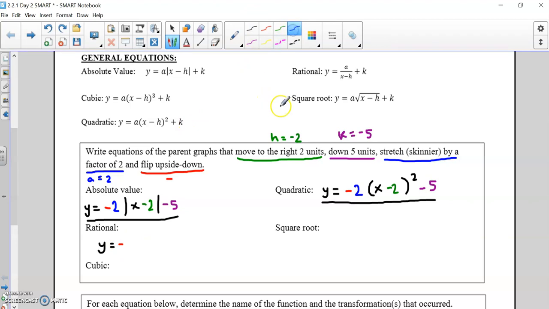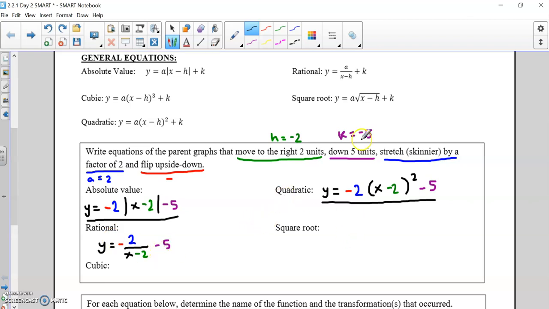Now, we have an A value, so A at the top there is going to be 2. At the bottom is our x minus h action, so we'll put x, and then our h is -2, so we'll put a -2. And then our k on the end still, so our -5 will be down here at the end. All right, so that is our full rational function.